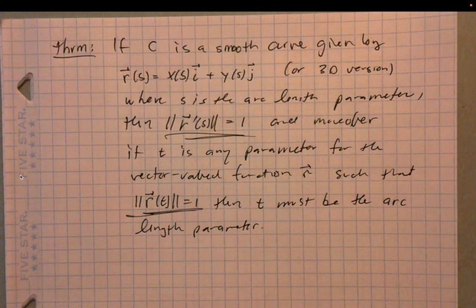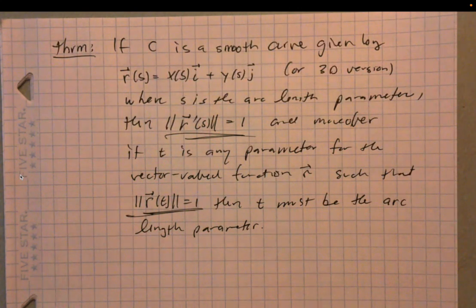Excellent. Now, where does this come in? We talked already about how time is generally the best parameterization for looking at motion along a curve. When is arc length a good parameterization? Arc length is a good parameterization whenever we're studying geometric properties of a curve.